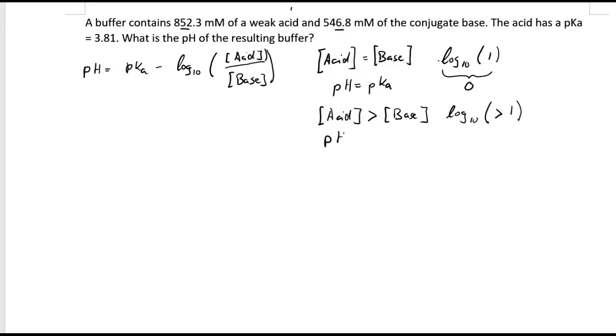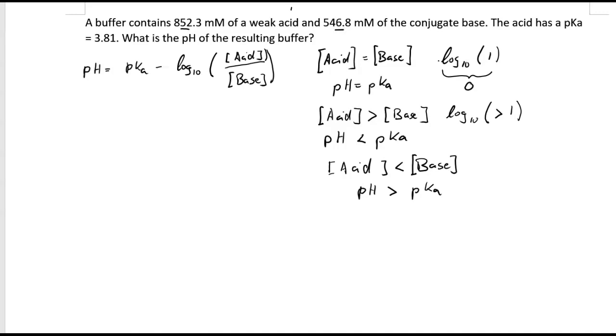So here pH would be smaller than pKa. Or likewise, if the acid concentration is smaller than the base concentration, then the pH would be larger than the pKa. And that is quite a useful rule of thumb to make sure that our result that we then calculate is actually correct. So let's do the calculation.